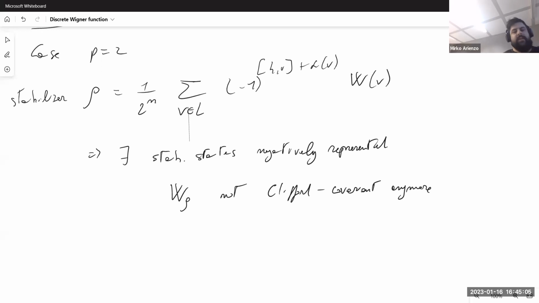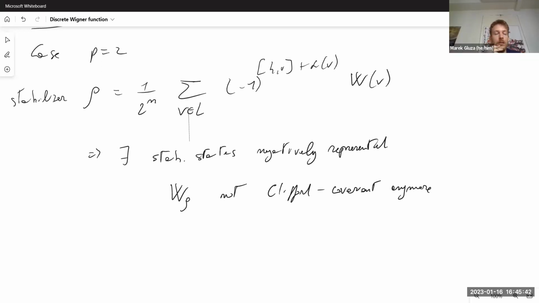But it was proven a few years ago that in the case of qubits, or a multi-qubit scenario, this is not possible. So that's kind of the end of the story, at least for what I know about qubits and discrete Wigner functions. And I will stop here.